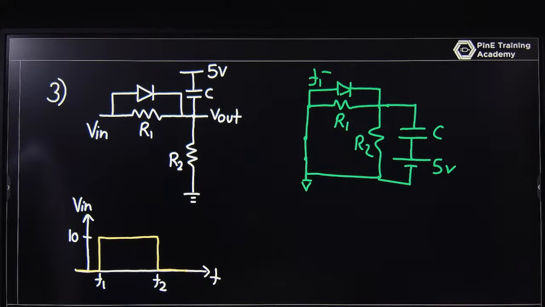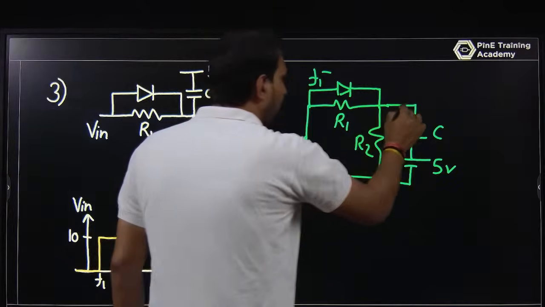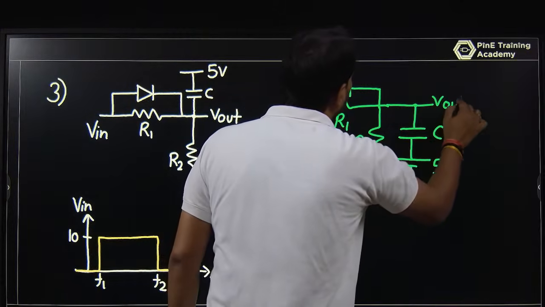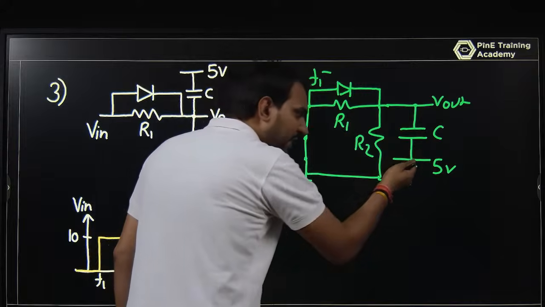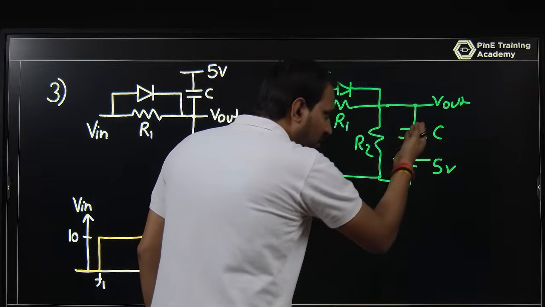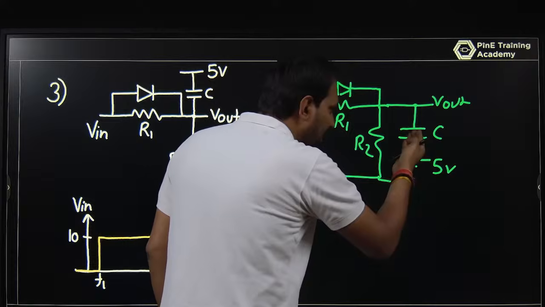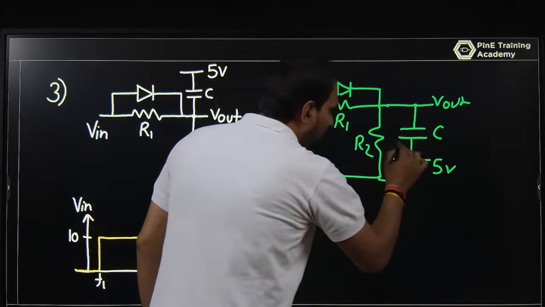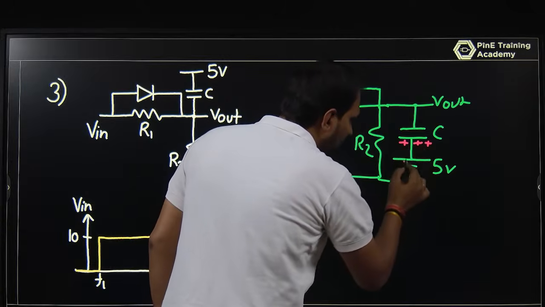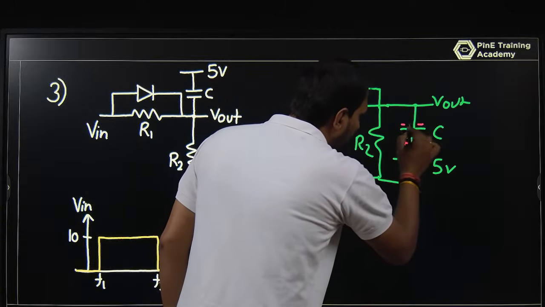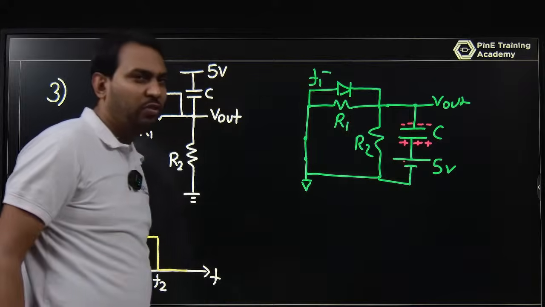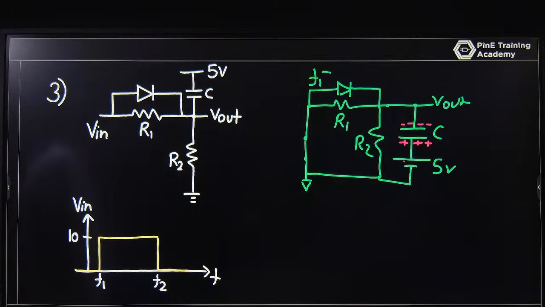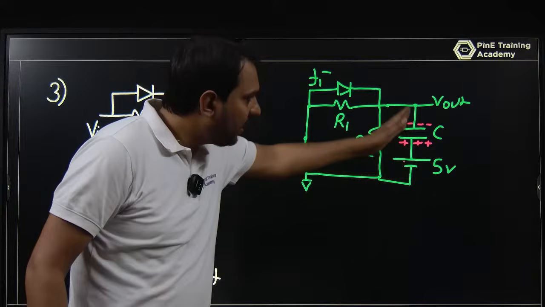So what is happening at the Vout side? I am focusing on Vout. If you have a DC value, the capacitor acts like an open circuit. This will be positive because this is a positive charge and this will be a negative charge. So this has 5 volt there, because by this 5 volt there is no current.